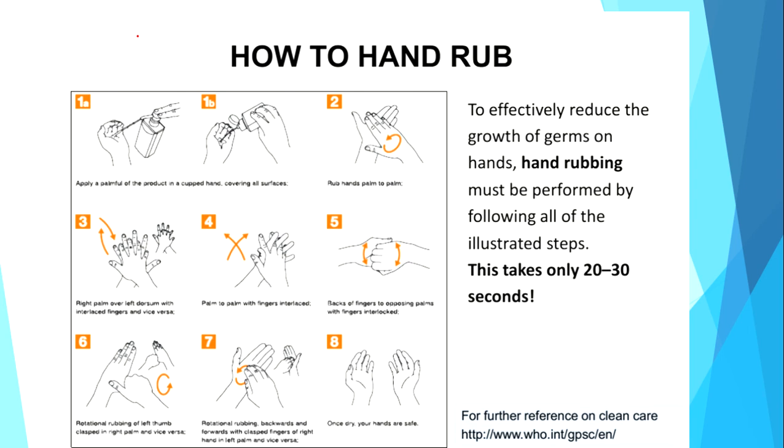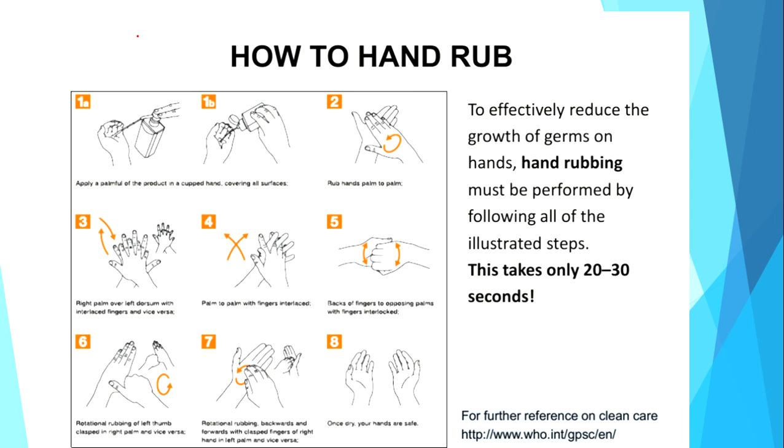Now hand rub. To effectively reduce growth of germs on hands, hand rubbing must be performed by following all of the illustrated steps. This takes only 20 or 30 seconds. Apply a palmful of the product in a cupped hand, covering all surfaces. Rub hands palm to palm, right palm over left dorsum with interlaced fingers and vice versa, palm to palm with fingers interlaced.